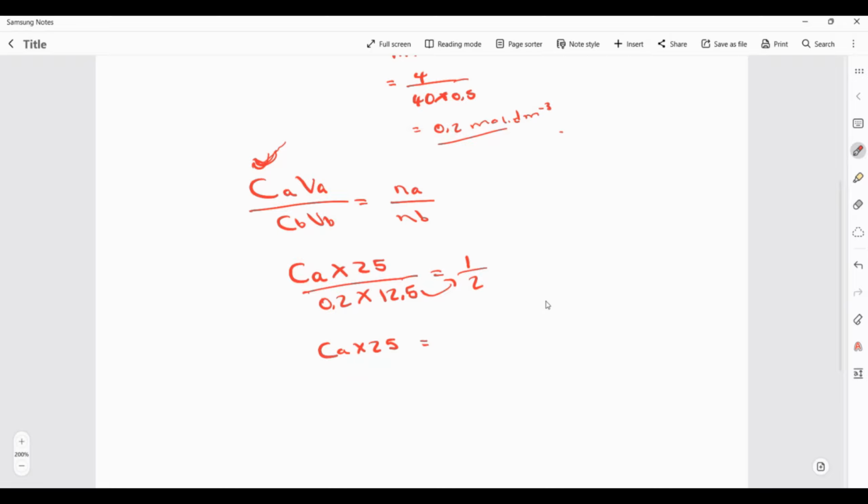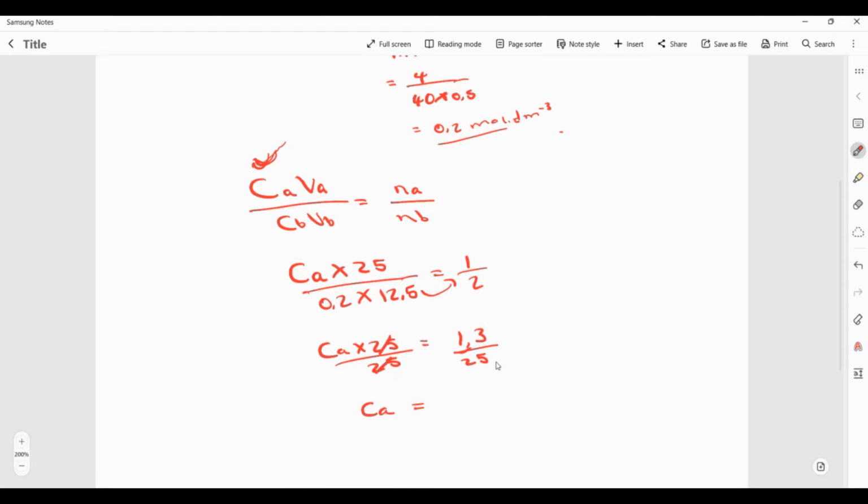Can someone please do this in the calculator? 1.3. 1.3 over there. And then you divide both sides by 25. That's going to be Ca is equal to, okay, cancel.